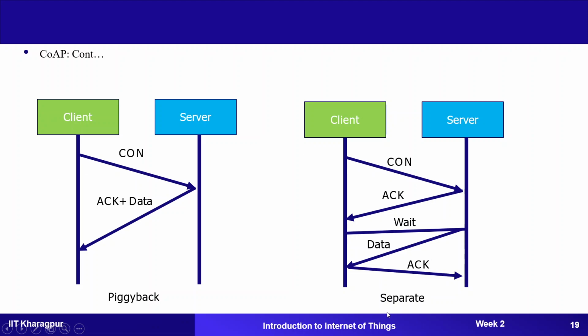As the name suggests, here data will be sent separately to your client. First of all, connection will be established. After that, we get acknowledgement for that connection. Then there will be some time in between, and after that your server will send data to the client, and your client will again send acknowledgement to the server to tell that it has received the data.